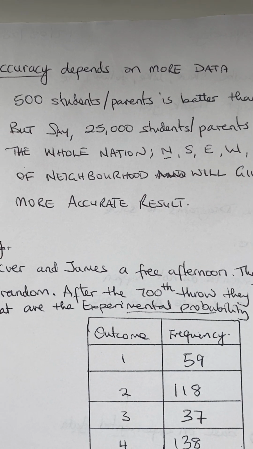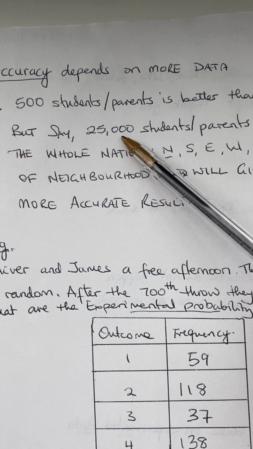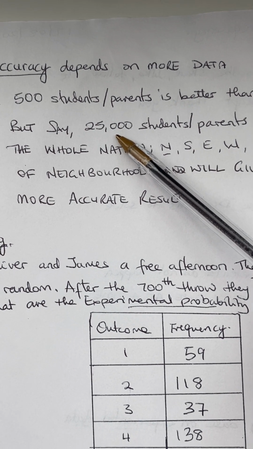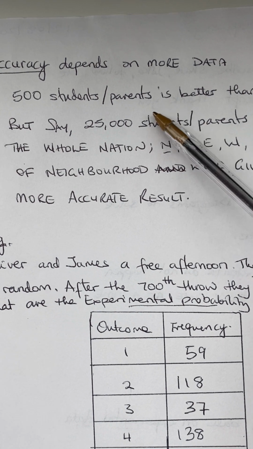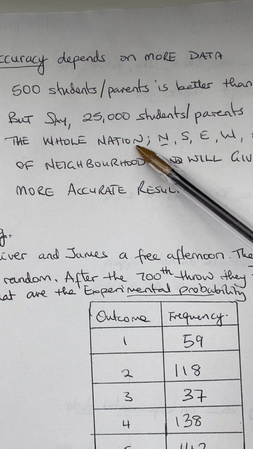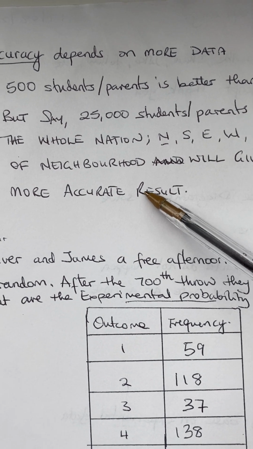But assuming our sample is like 25,000, okay, or 100,000, and it came across all kinds of neighborhoods, across the whole length and breadth of the nation, and we got 64%.